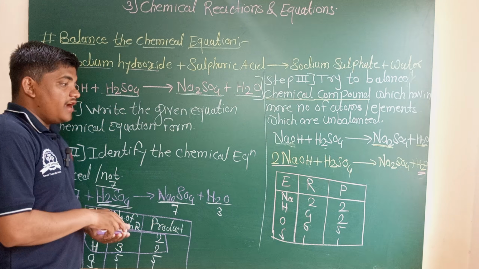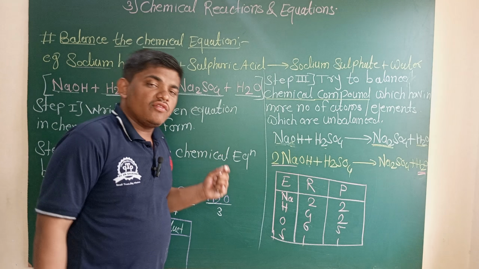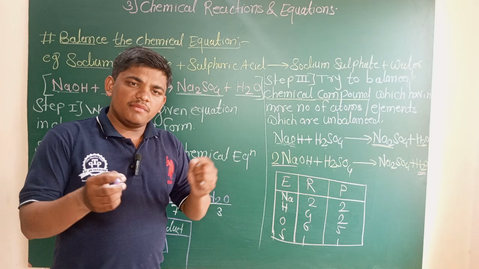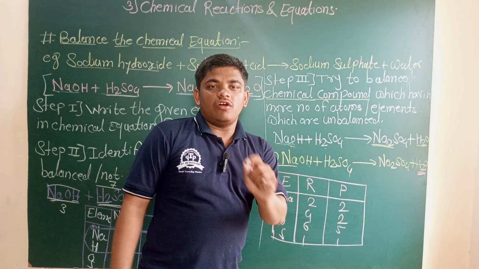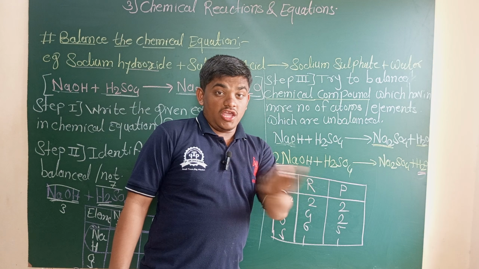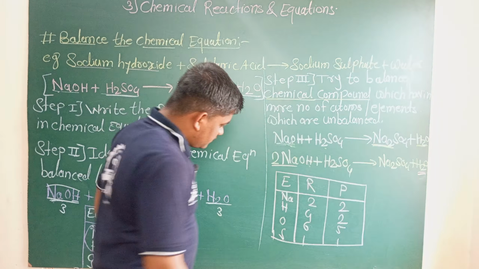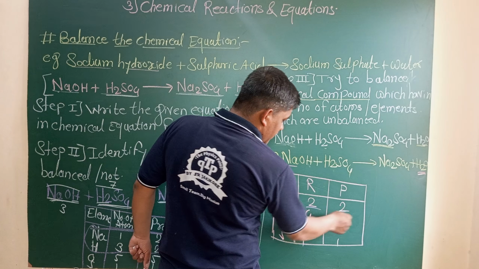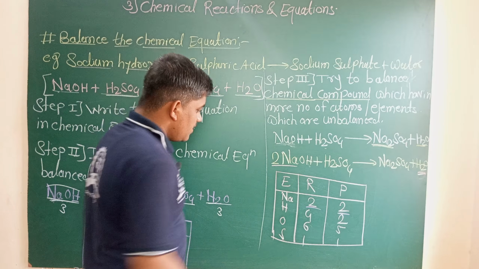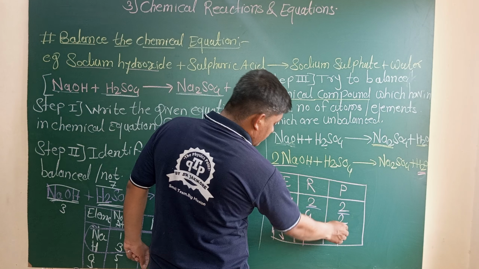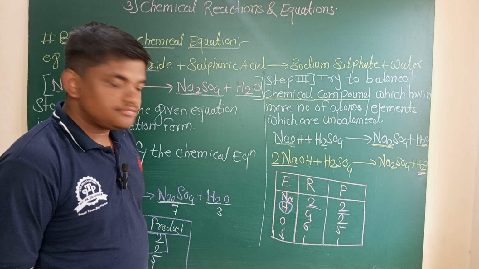And now let us see whether the given chemical equation is balanced or not. If the given chemical equation is balanced, that means it has a similar number of atoms of each element in the reactant and product. If not, that means the given equation is partially balanced. The number of sodium atoms in the reactant and product are the same, that means sodium is balanced. The number of hydrogen atoms in the reactants and products are different, that means hydrogen is unbalanced.